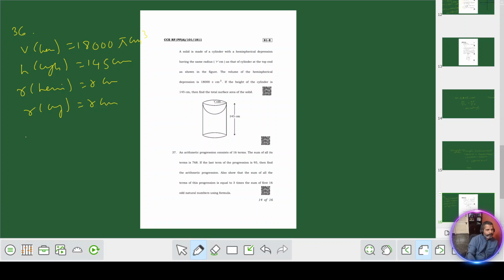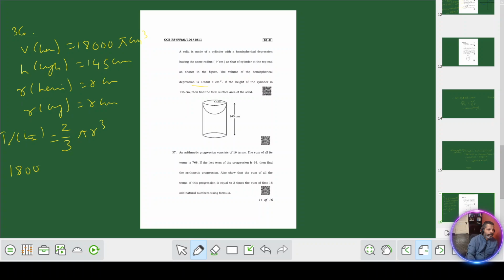Here, total surface area of the solid, since volume of the hemisphere is given, we have to find r, because r is required for cylinder and hemisphere and its value is not given. To calculate that only, volume of the hemisphere is given. So volume of hemisphere formula is 2 by 3 pi r cube.